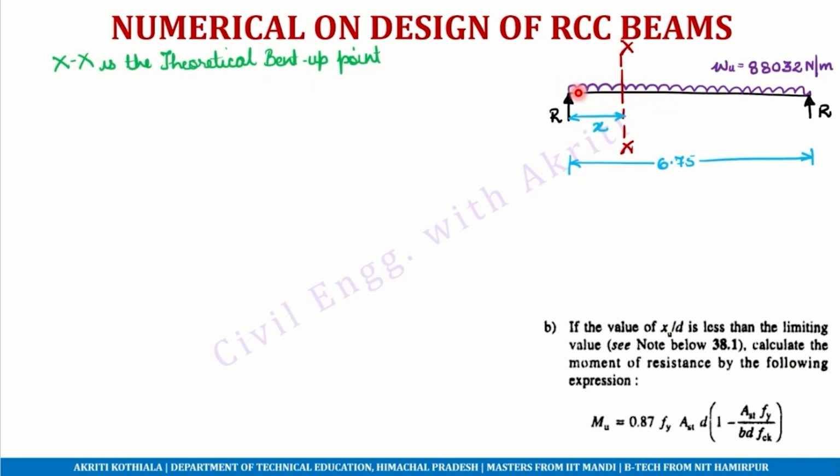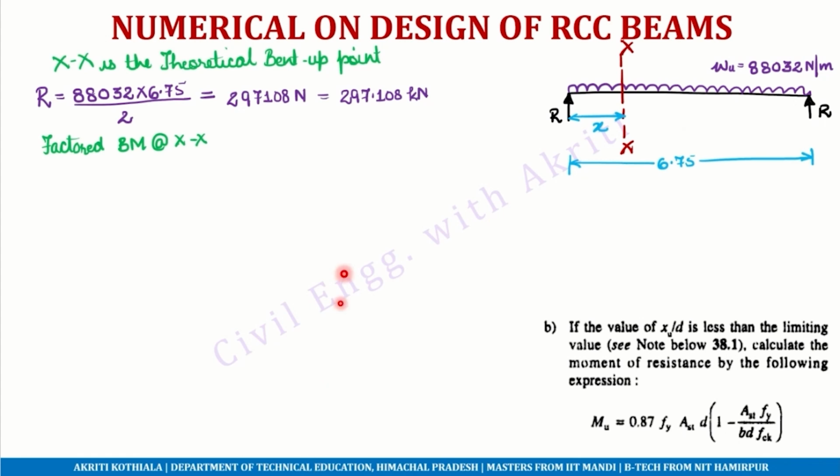So for that we know that this is a simply supported beam with a UDL of 88,032 Newton per meter acting on it. We can calculate the value of reactions. So let's do that. This calculates to be equal to 297.108 kilonewton. Now calculating the factored bending moment at xx, we can calculate the moments acting at x from this side.